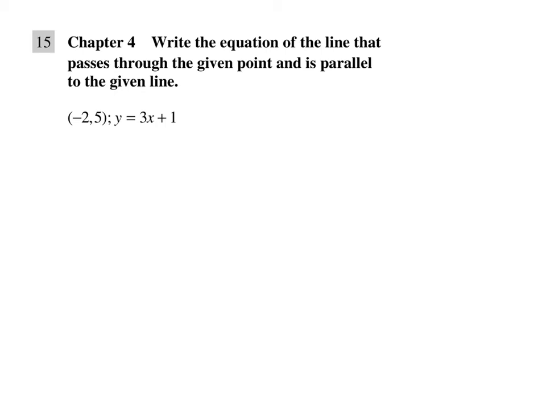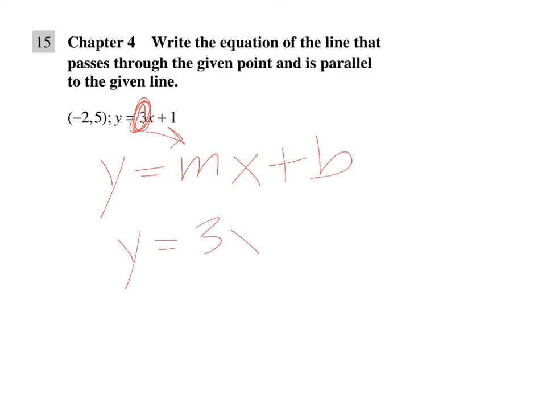Okay, a little review now from chapter 4. Write the equation of the line that passes through the given point and is parallel to the given line. All right, parallel, that means they have the same slope. So y equals mx plus b is my equation. I'm using the same slope as the other equation, so that goes here. y equals 3x plus b. And then to figure out b, I use the point that they gave me.